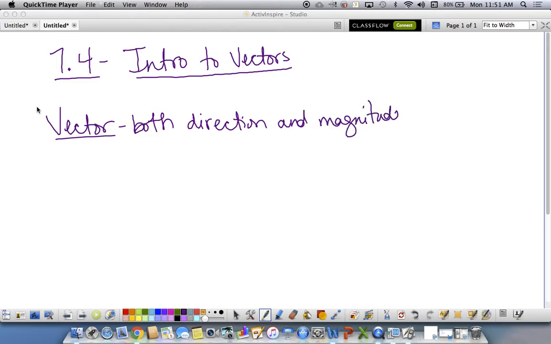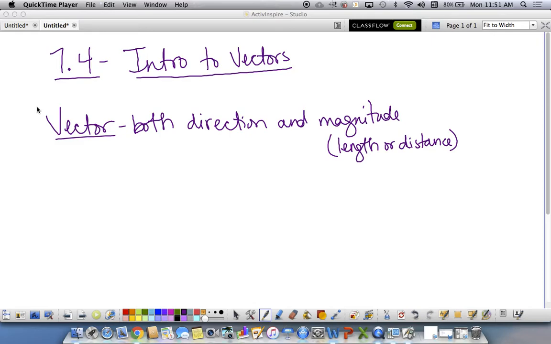If you were with me in geometry, we talked a lot about magnitude, but not a lot about direction. Direction we're going to get into in trig more. If you remember, magnitude simply meant the length or distance. But when we have both of these together, we have a vector.